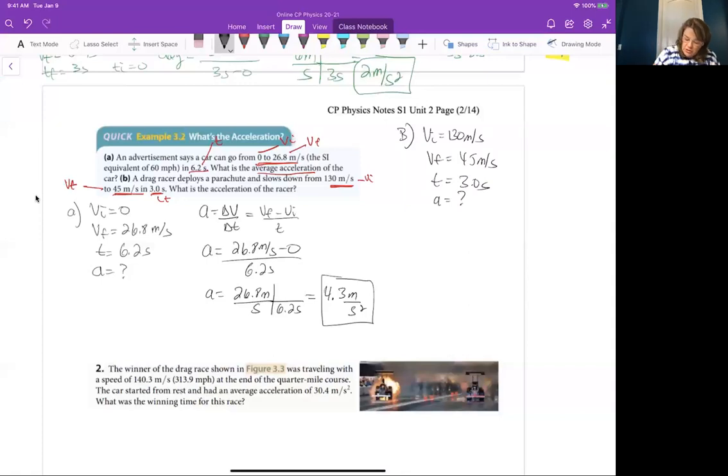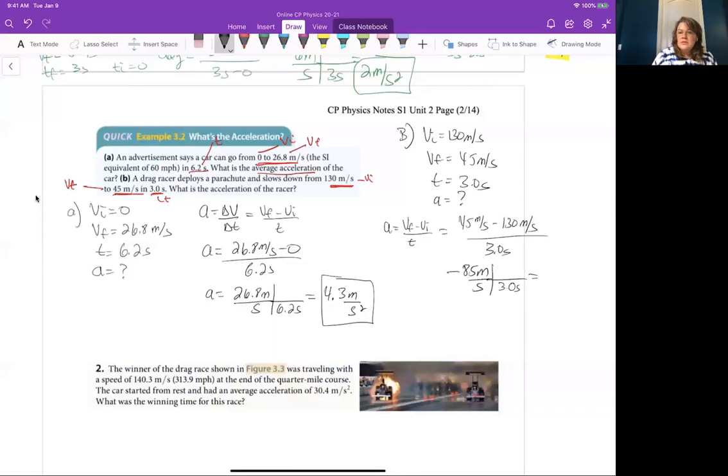So if I just plug and chug, acceleration, the final, the initial, over elapsed time: 45 meters per second minus 130 meters per second divided by 3 seconds. That's going to give me a negative 85 meters per second on top, divided by 3 seconds.